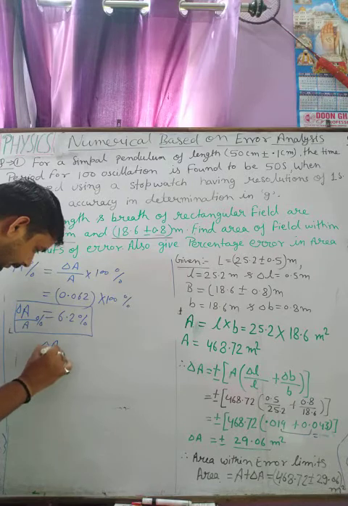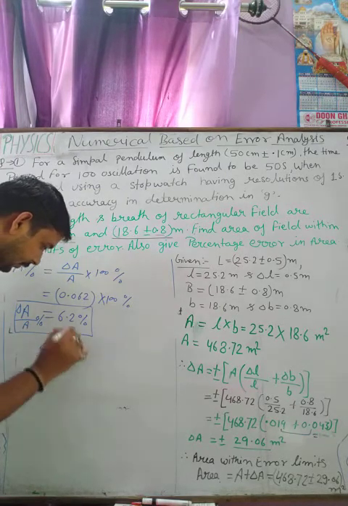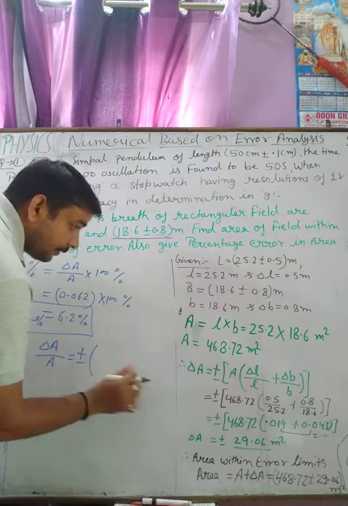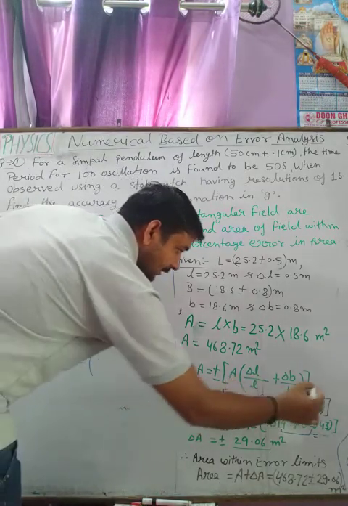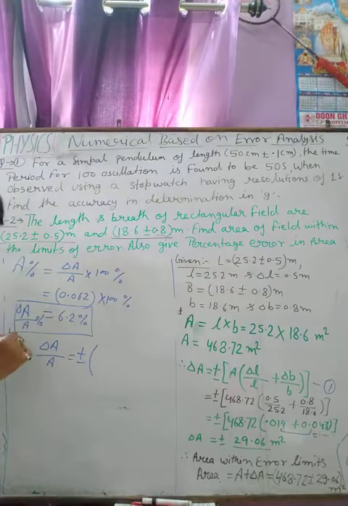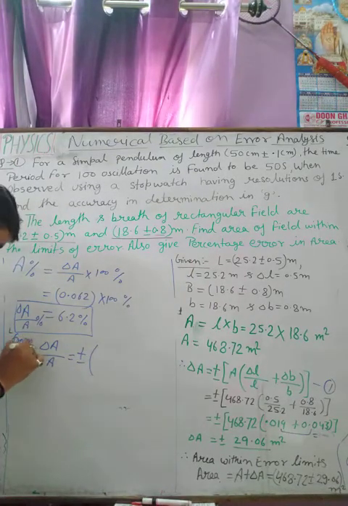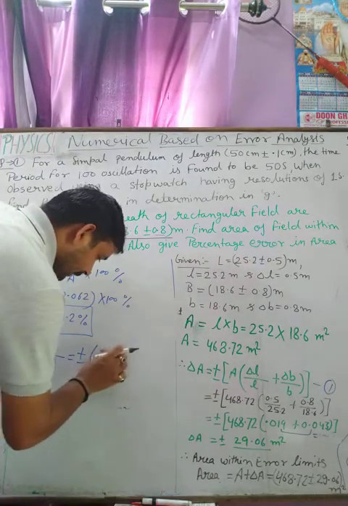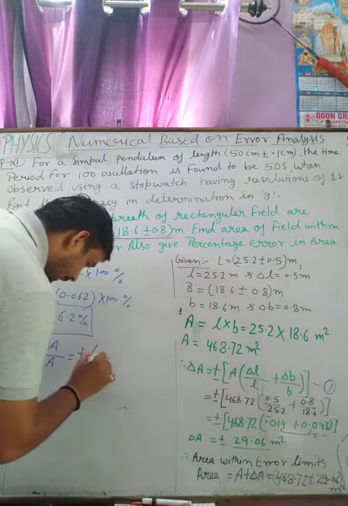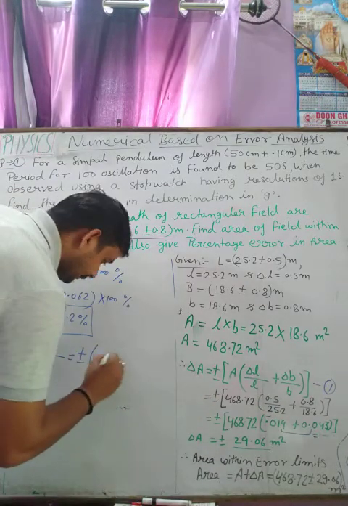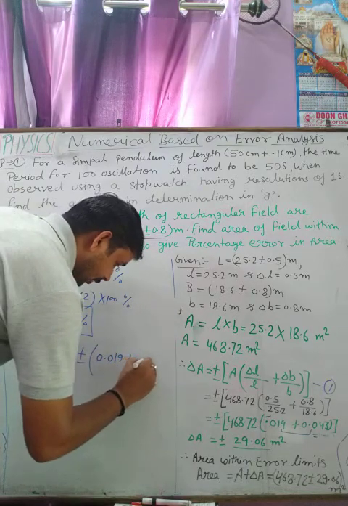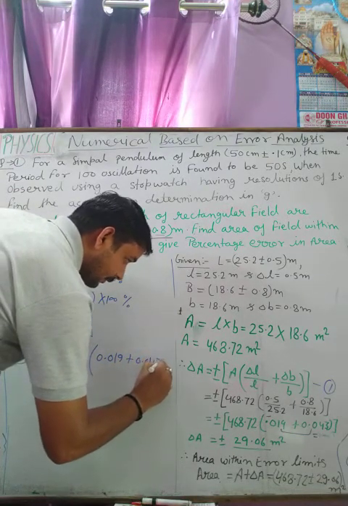Del A upon A is equal to plus minus we have from this relation. इसे हम इक्वेशन फर्स्ट कह देते हैं. तो this is from first. Okay, so ये हमने सॉल्व करके यहाँ पे लिखा है 0.019 and plus 0.043.